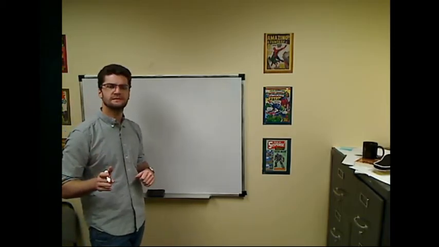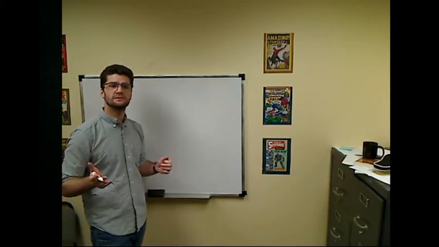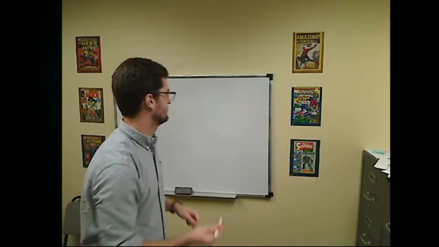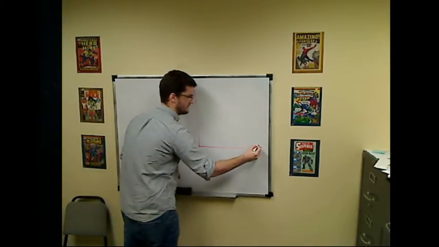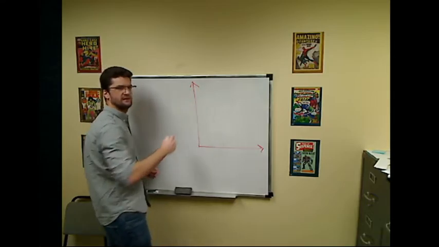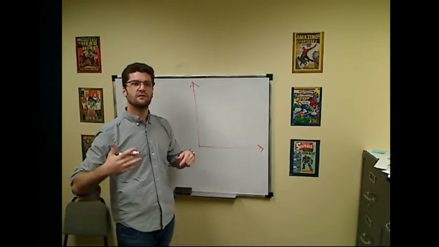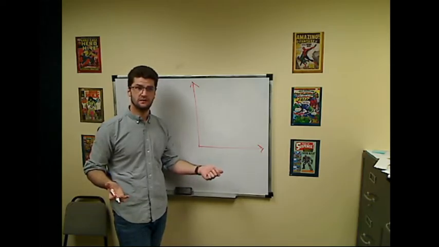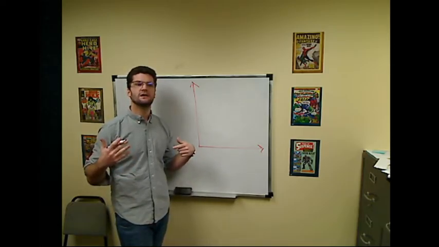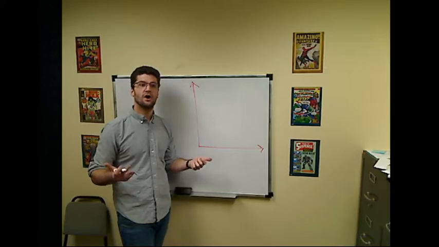So the first thing that we did today is we talked about a production possibility curve. And exactly what does that entail, right? Instead of having the price and quantity of one particular good on each axis of the curve here, we're going to actually have the quantity on each axis.